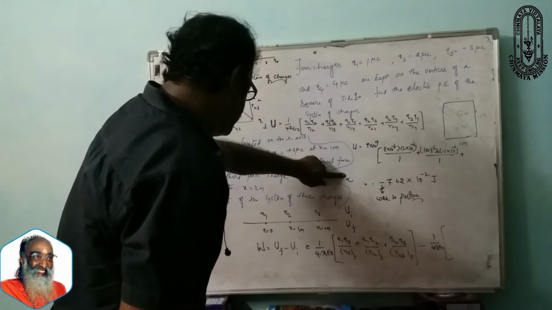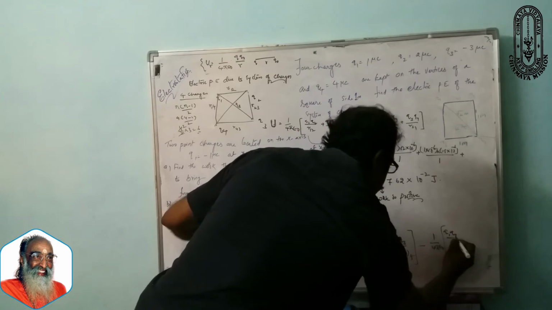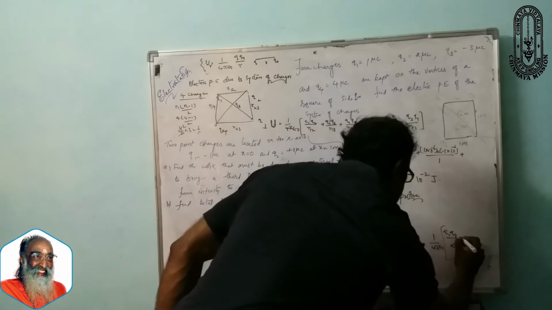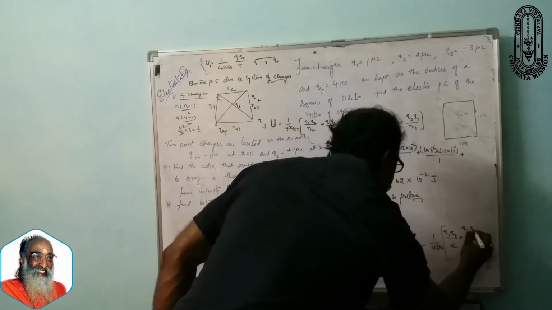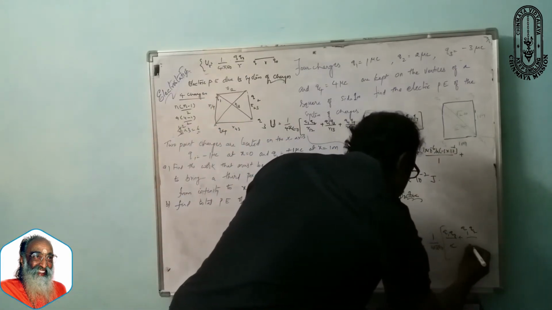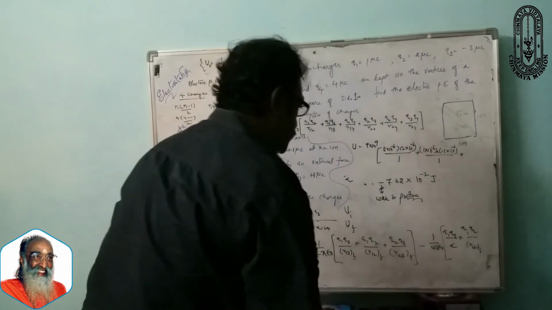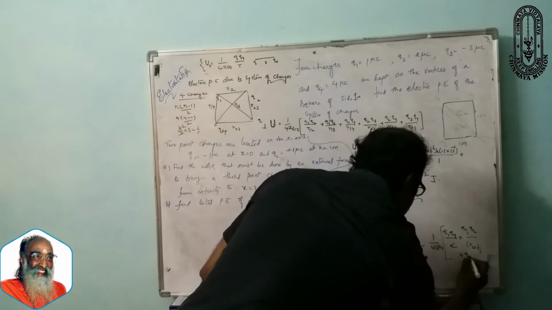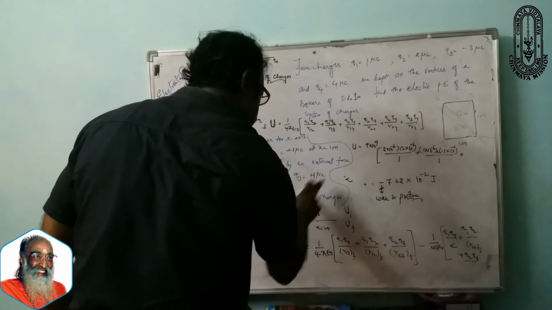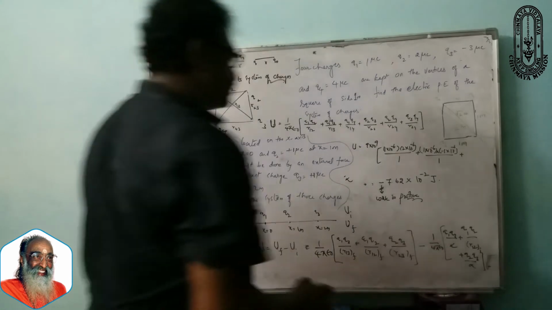So Q1 and Q3, and the distance is infinity, plus Q1 and Q2 by R12 initial, this doesn't change, plus Q2 and Q3, because initially the charge is there, that is also infinity. So you got the expression like this.